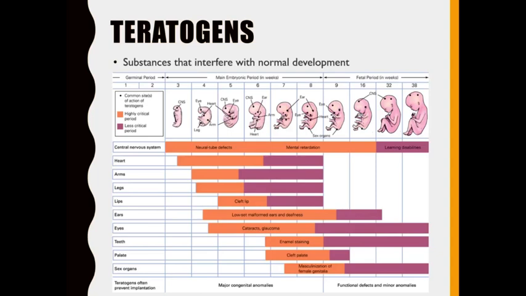So the brain is really picking up steam in developing neurons and organizing itself from about week 16 through about week 24. And so exposing yourself to radiation, alcohol, cocaine, those kinds of teratogens can actually significantly impair the developing central nervous system.